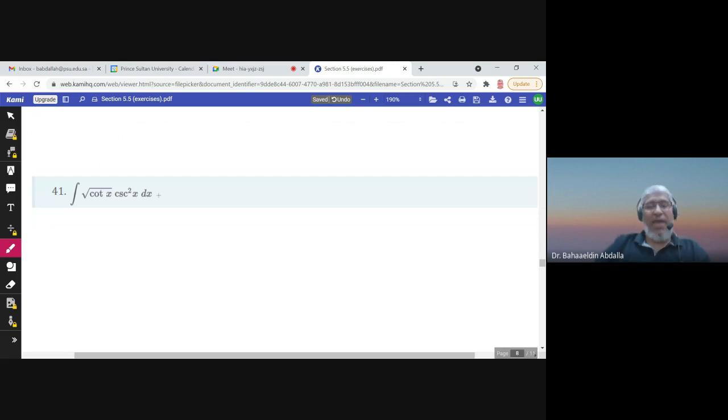I'll take cotan here to be u. The derivative of cotan is negative cosecant square x dx. I have cosecant square, I need negative. So negative cosecant square dx is du.